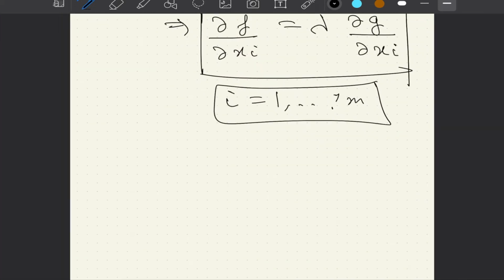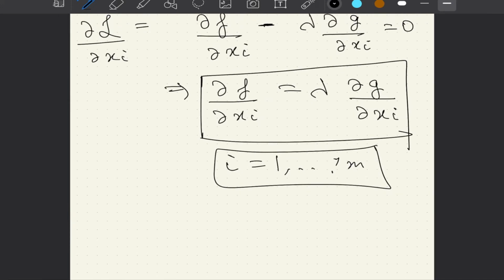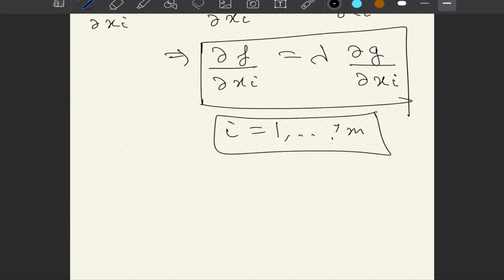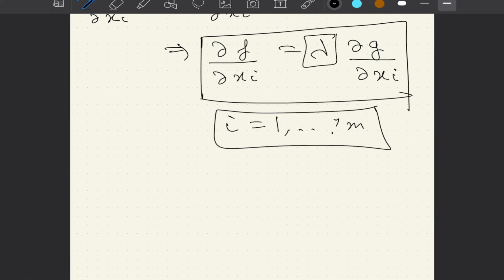Now, this was the case of constrained optimization subjected to an equality constraint. And here we say that the sign of lambda is unconstrained. It can be positive, it can be negative. It depends on the way we are writing it, whether they are collinear or anti-collinear. If gradients are assumed to be in the same direction, we can say that del f is equal to lambda times del g.